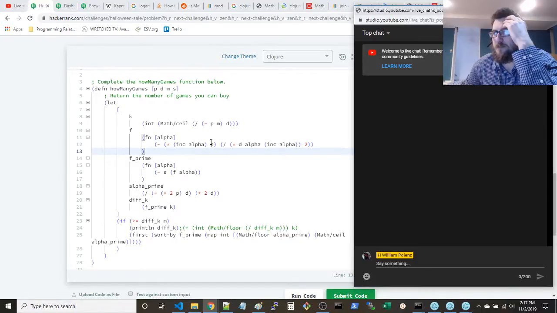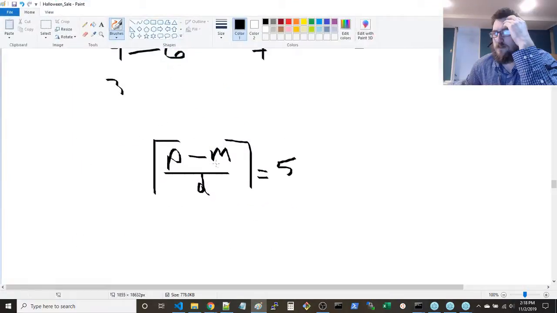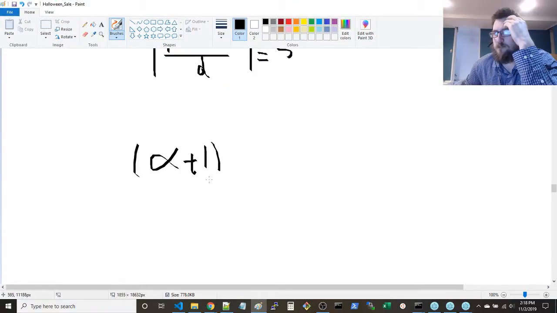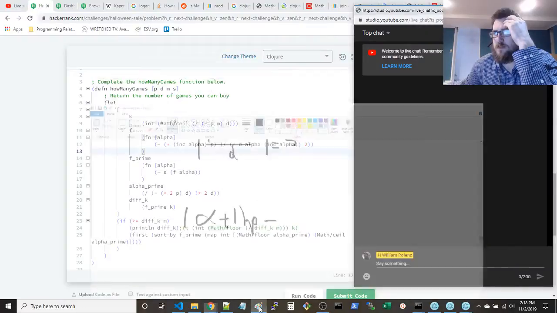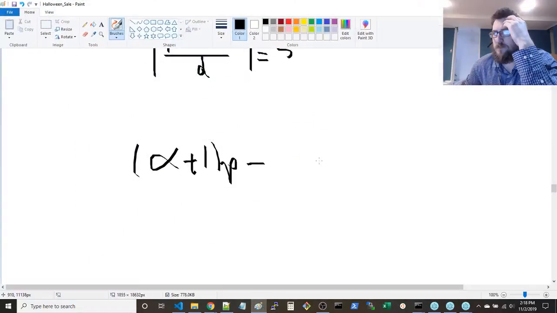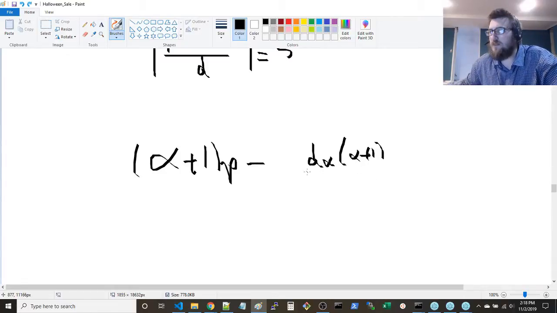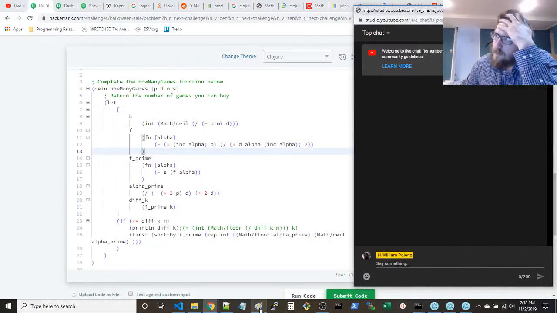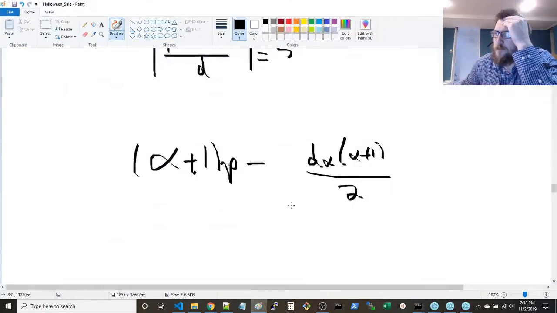this is f of alpha, I think it's called, right? F of 5 is going to be alpha plus 1 times p minus d times alpha times alpha plus 1 over 2, and take this difference.